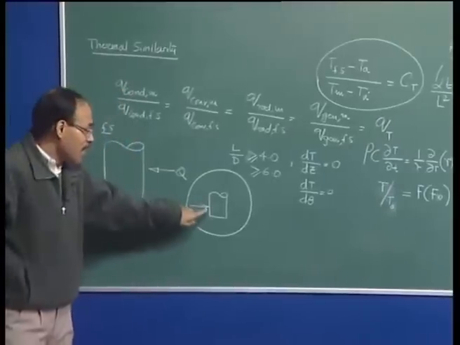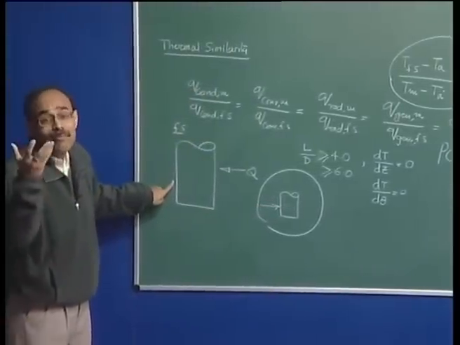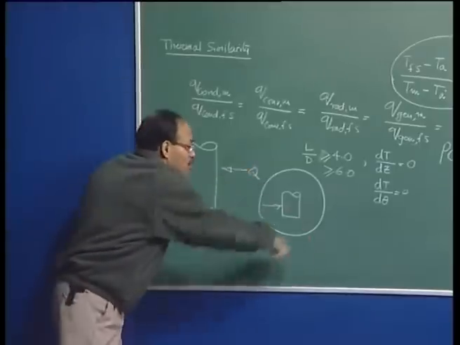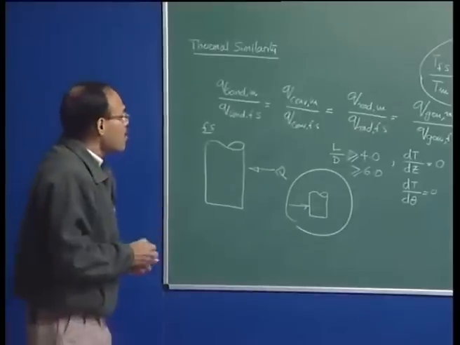But here at this surface and at this surface, the rate at which heat will be coming in may be completely different, because they may be enclosed in a different furnace or a different ambient atmosphere. What is the boundary condition here?